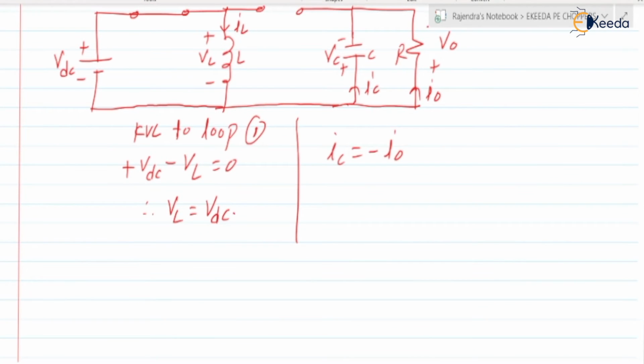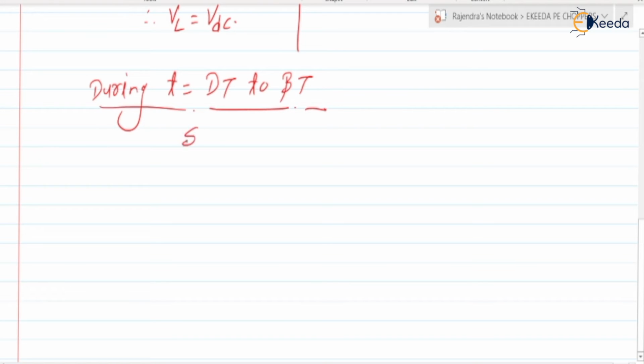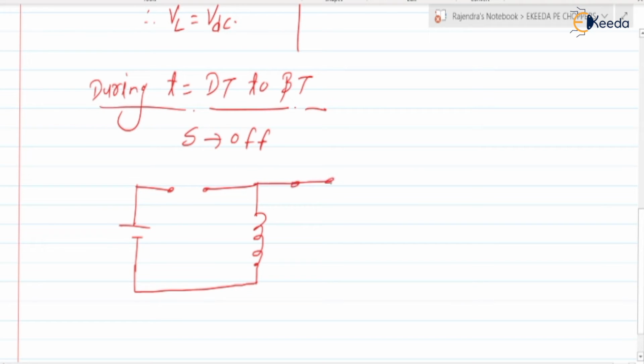Next, during DT to beta T, the switch will be in the off state. If we draw the circuit, the supply will be disconnected because the switch is open. The inductor goes on releasing the energy, and the diode is in the on state.